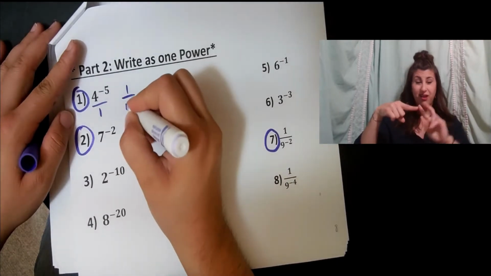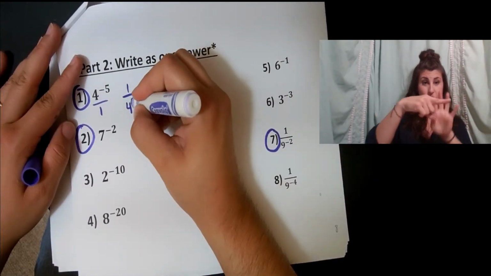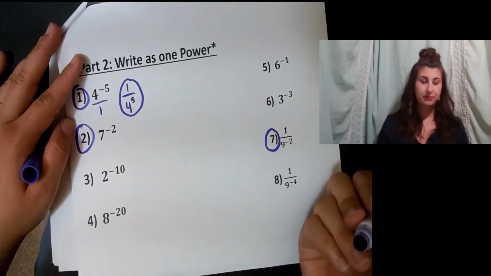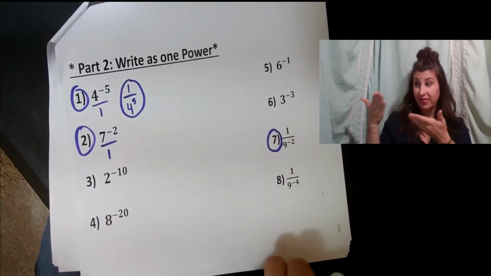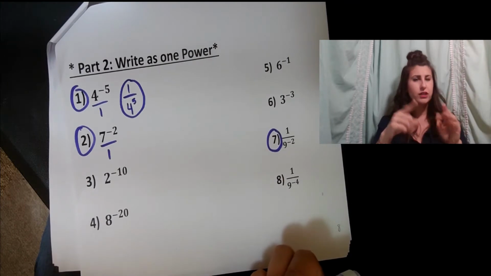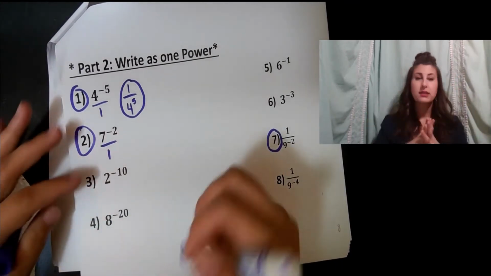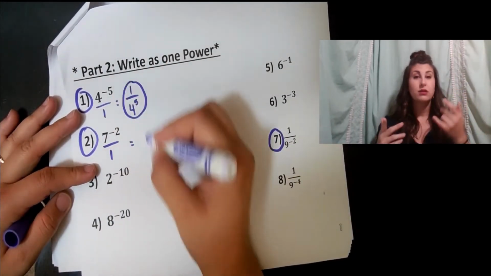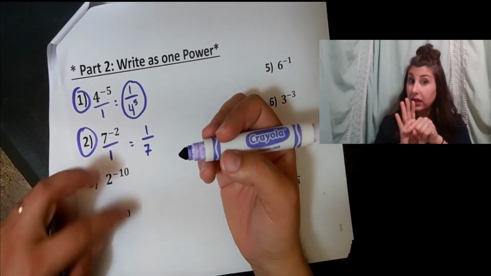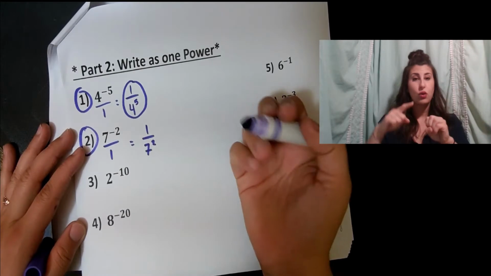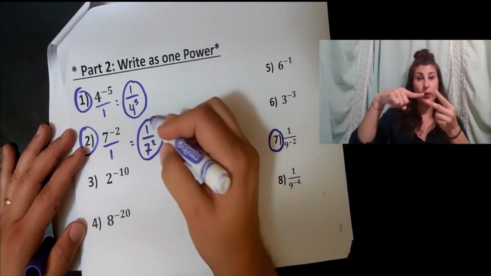So it'll be 1 over 4, but it's going to be a positive 5 now instead of a negative. There we go. Here, make it a fraction so it's easy to visualize, and then flip it. So it'll be 1 over 7, but it's no longer negative because you flipped it, and it's going to be to the second. So 1 over 7 squared.